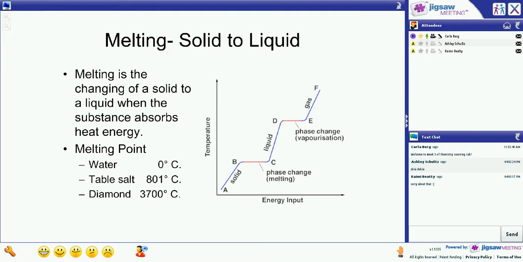Melting points of a couple of objects you are familiar with: the melting point of water is 0 degrees centigrade. The melting point of table salt is 801 degrees centigrade. And the melting point of a diamond is 3,700 degrees centigrade. That's a wide range.